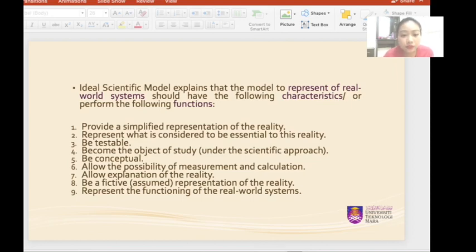Fourthly, become the object of study under the scientific approach. Fifth, be conceptual. Number 6, allow the possibility of measurement and calculation. Number 7, allow explanation of the reality. Number 8, be effective or assume representation of the reality. And number 9, represent the functioning of real-world systems. If you look here, all of these points have similarity, in which they emphasize the representation of the reality.